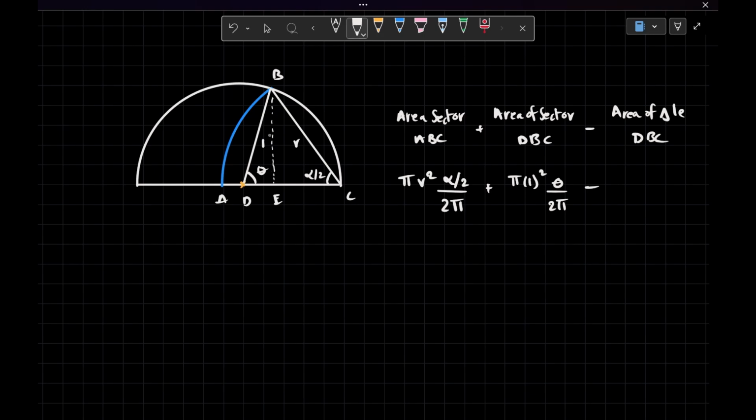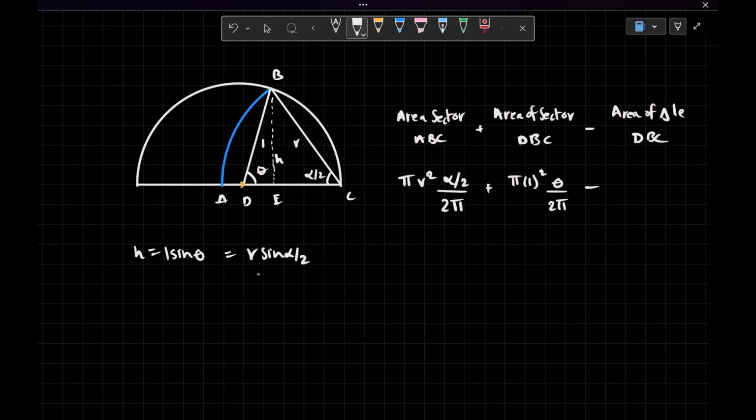So if you call this height h, it can take two forms. One is sine theta into 1, the hypotenuse, or sine alpha by 2 into the hypotenuse r.